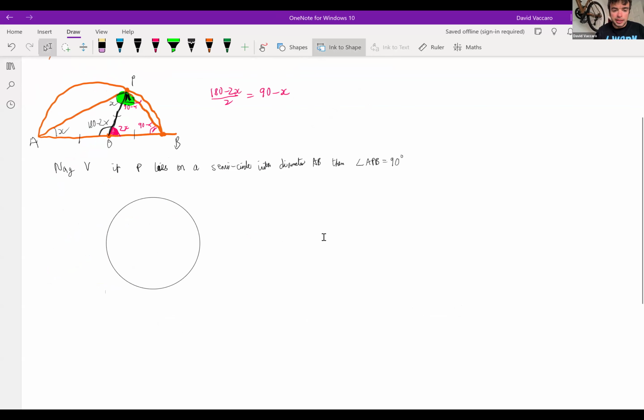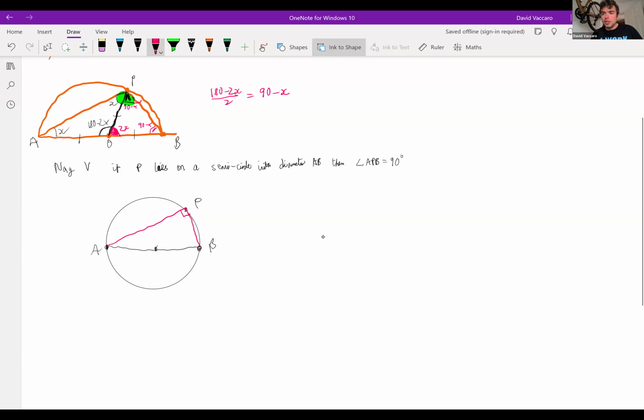What he's shown me is that if I take the points A, B, and let them be the diameter of a circle, then any point P on the circle will satisfy the conditions of the locus.